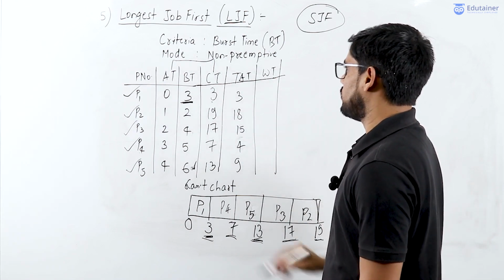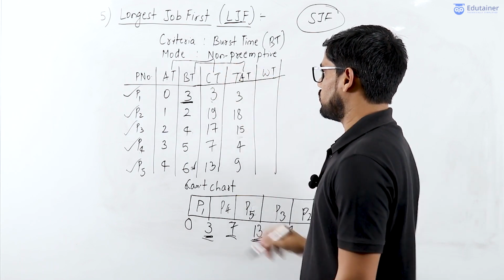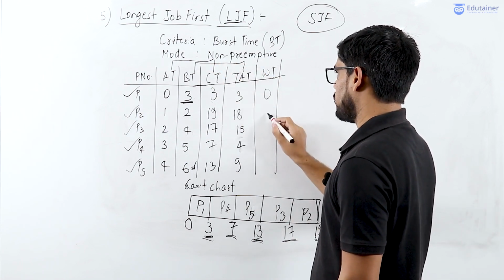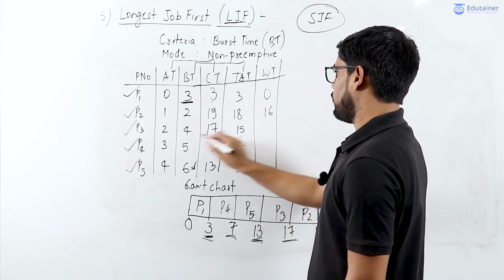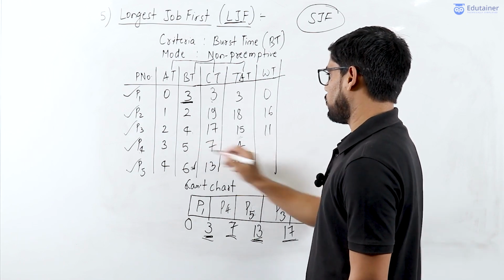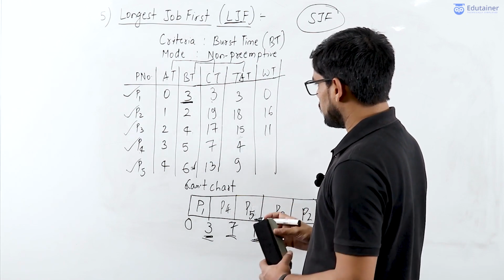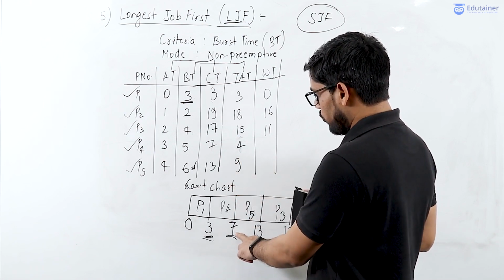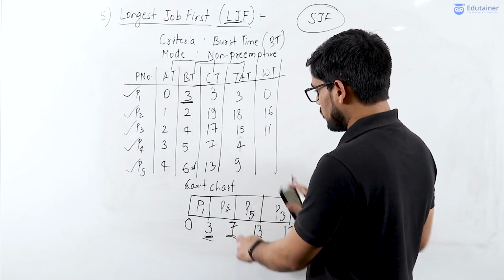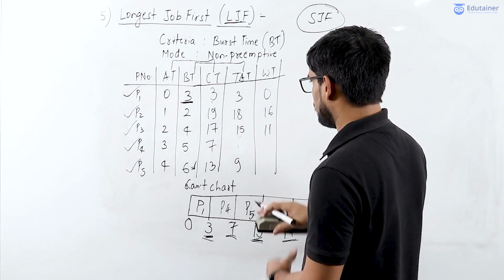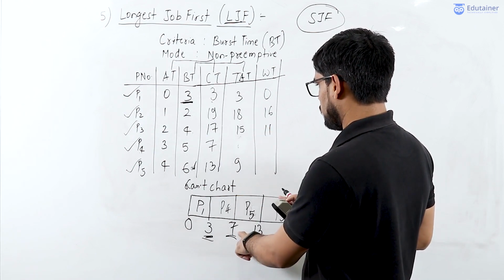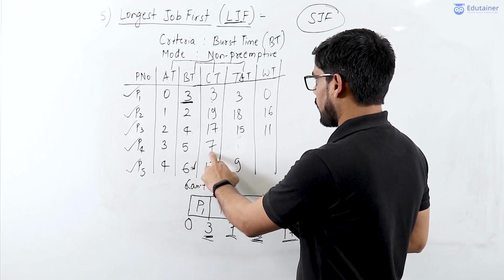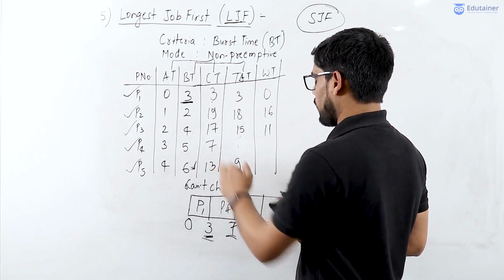Waiting time is turnaround time minus burst time, which is 3 minus 3 is 0, 18 minus 2 is 16, 15 minus 4 is 11. For P4, I mistakenly wrote 7 minus 3 is 4.